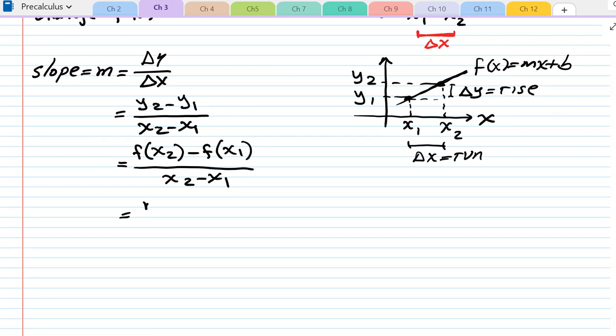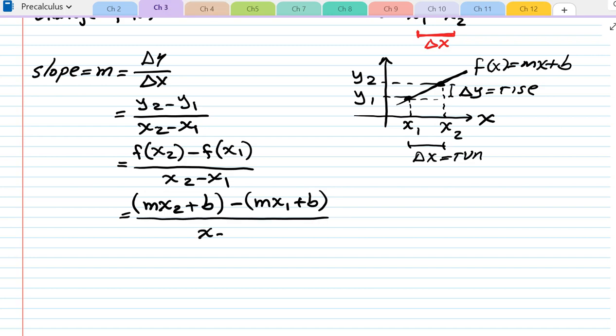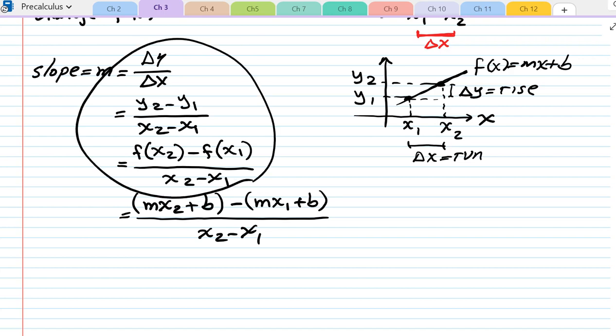That means m x sub 2 plus b, right? The slope-intercept form, at x sub 2, minus m x sub 1 plus b. So that part is for linear functions only. The ones above, what I have up here, this applies to all functions.